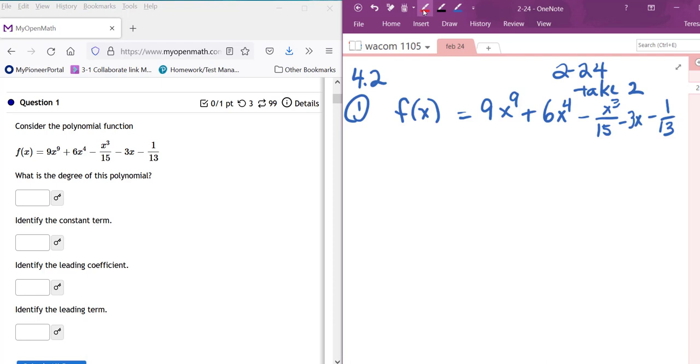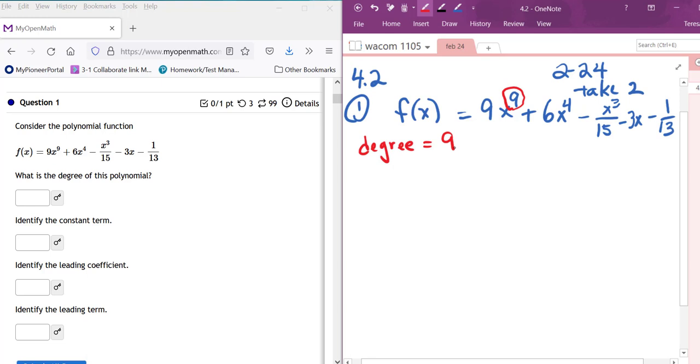You want to make sure you're in descending order, so highest exponent going down, and your degree will be the highest exponent when you're working with just one type of variable. So your degree is 9.